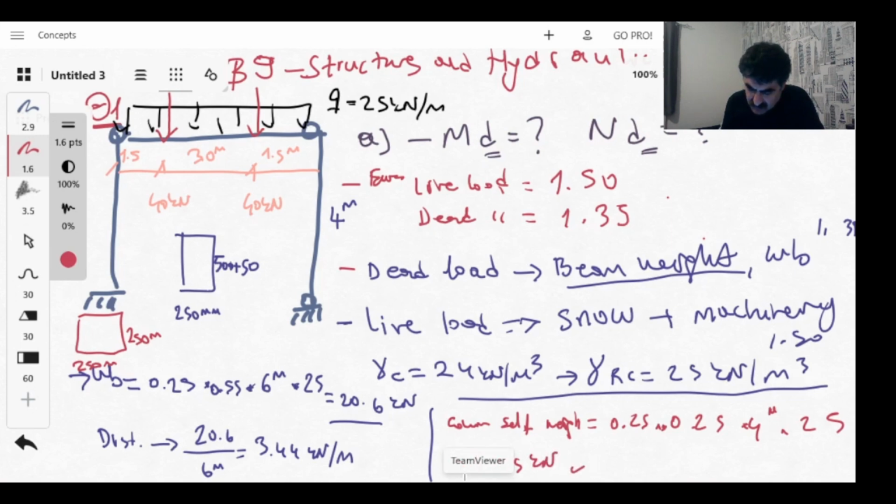Okay, so the weight of the column is 6.25 kilonewton and the weight of the beam is 20.6 kilonewton.